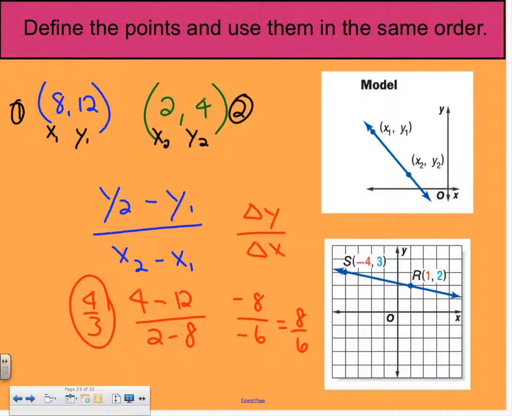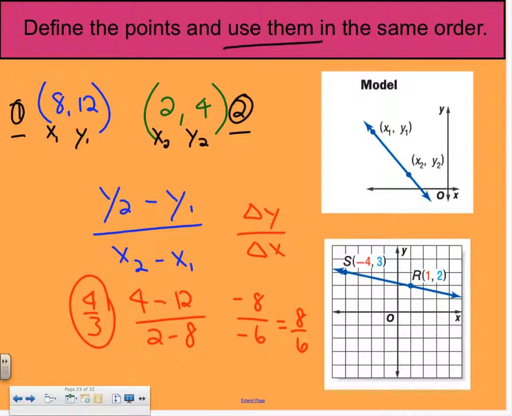We could have called this point 1 and switch it, and this could be point 2, and we still would have gotten the same thing. Down here, I would have had 12 minus 4, which would have been 8, and 8 minus 2, which would have been 6. So it doesn't matter what order it is, as long as you use them in the same order. In other words, point 2 has got to come first on the top and the bottom.